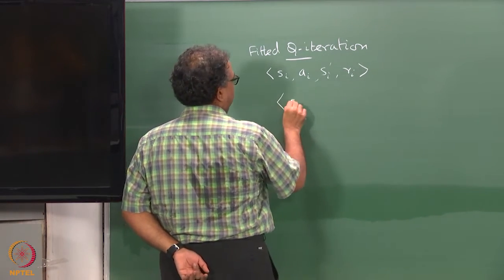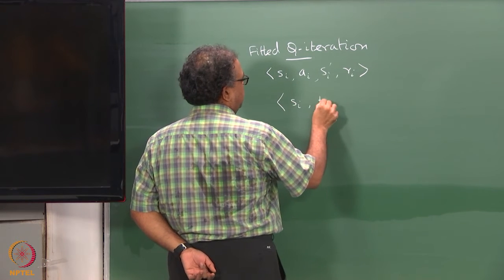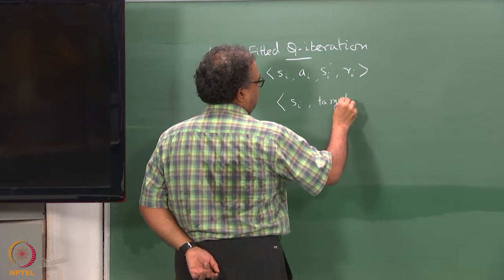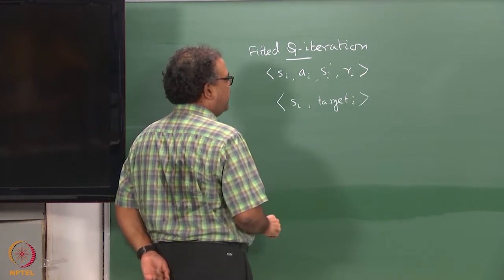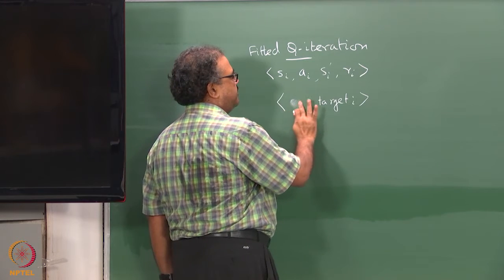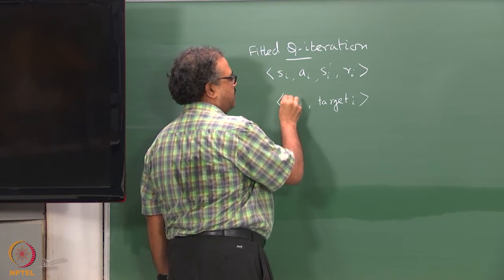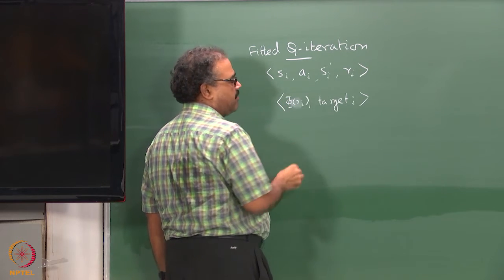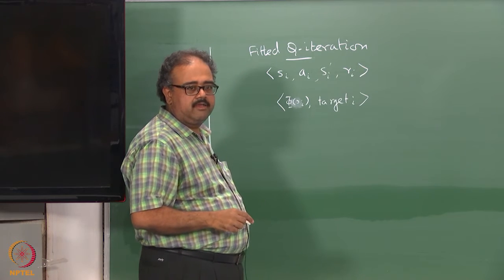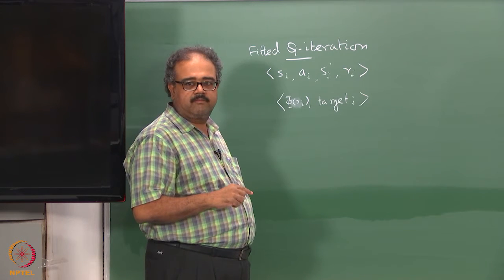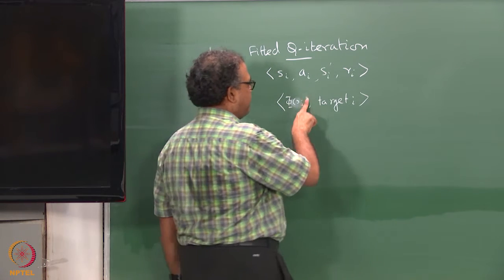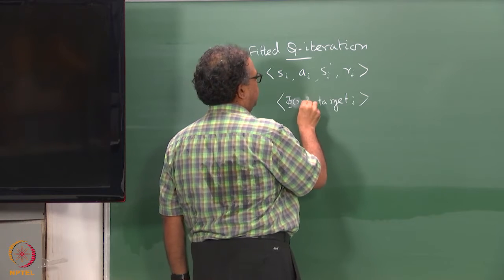So, I have my S_i comma... target_i, this will not really be S_i, it will be... right. Is it correct? Is there something wrong? Right.